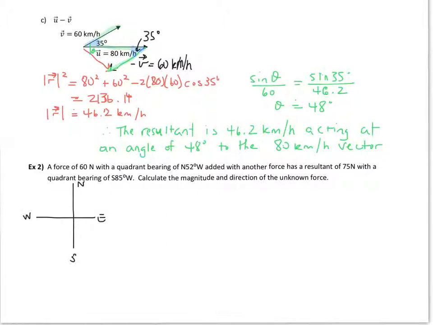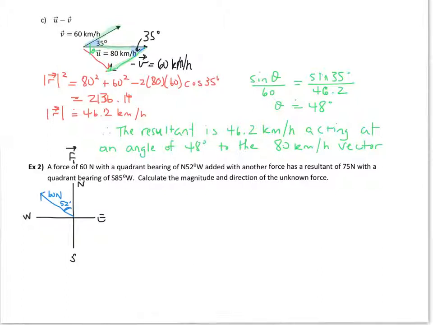And our force, I'm going to call this F1, force 1, is 60 newtons with a quadrant bearing of north, but I'm veering off 52 degrees towards the west. So let me do that in a different color from our compass. I'll do that in blue, 52 degrees towards the west off of north. So this angle in here is your 52 degrees. And that has a measurement of 60 newtons. So that's our first force.